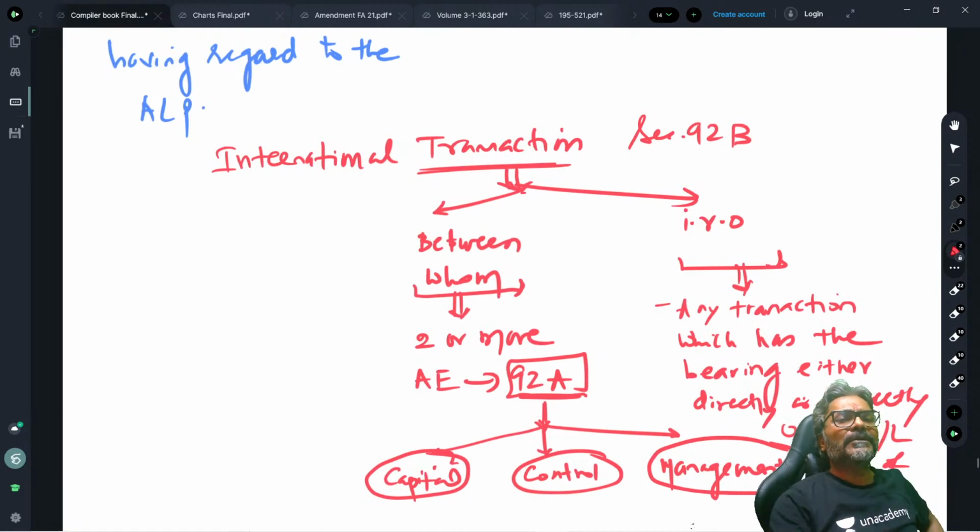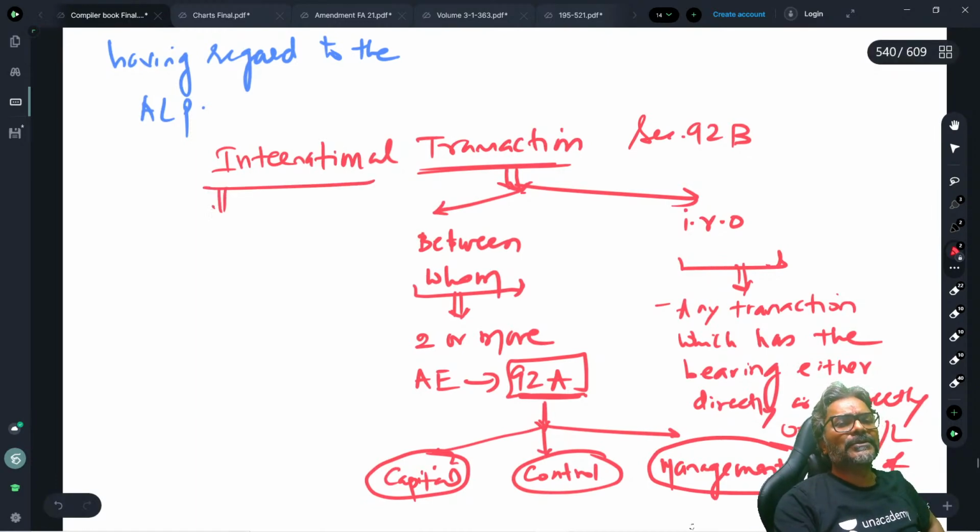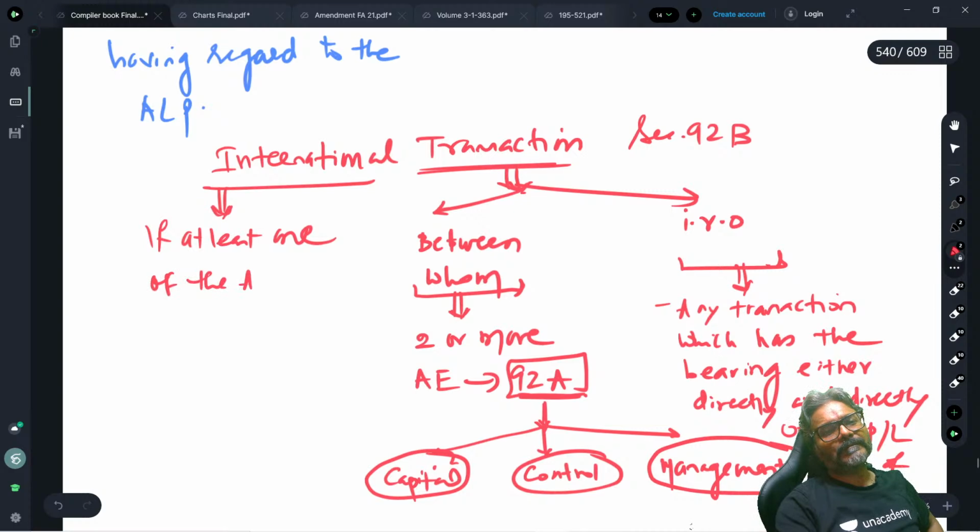And how can a transaction become international, students? A transaction will become international if at least one of the A is a non-resident.